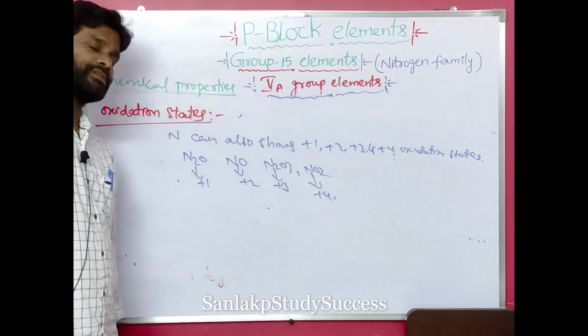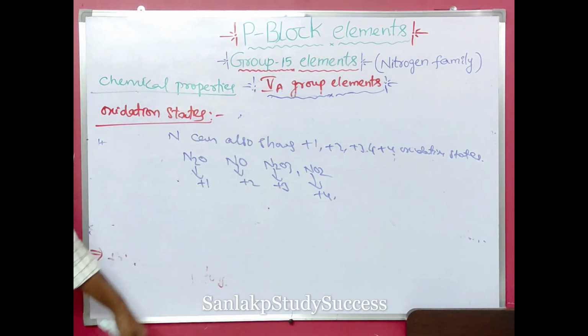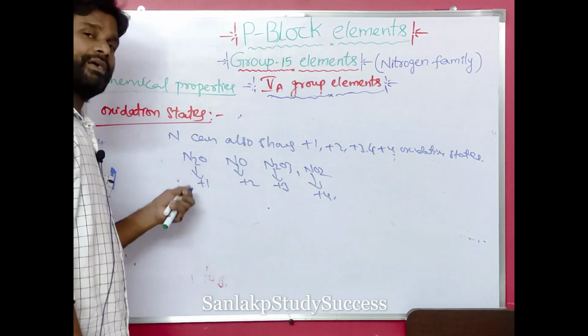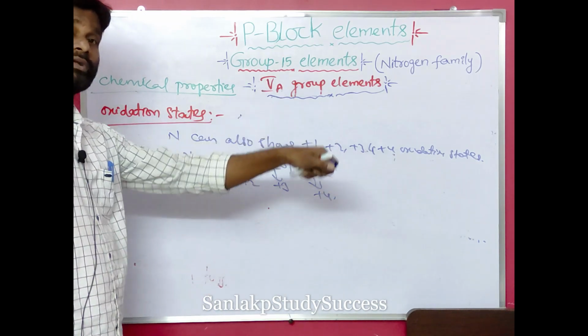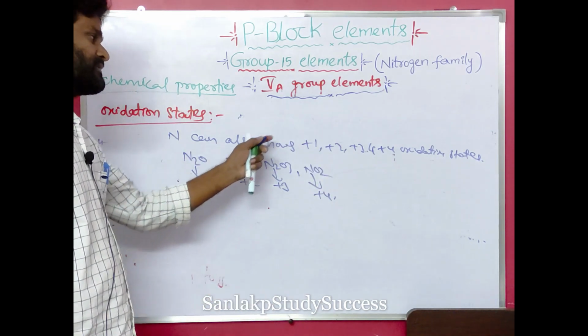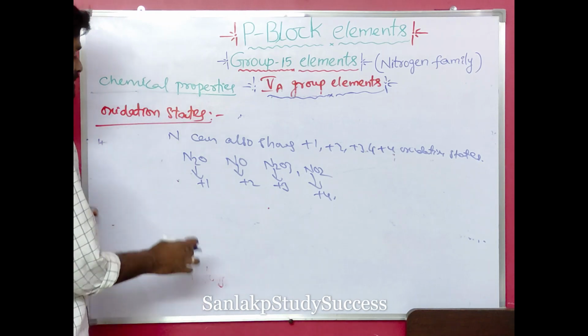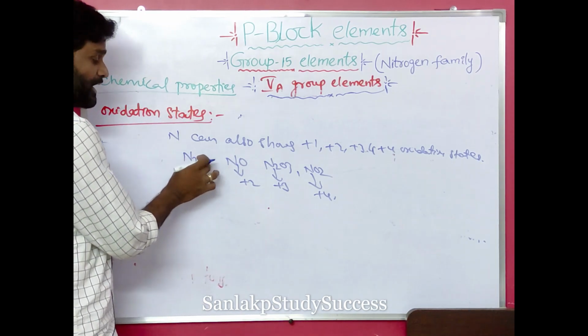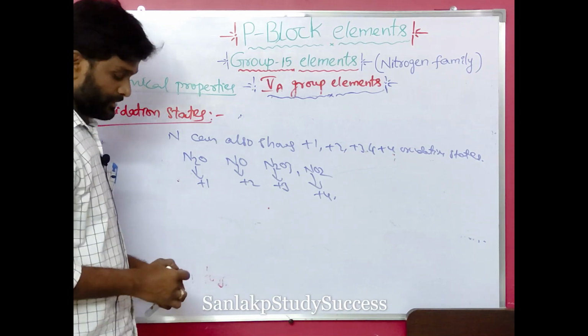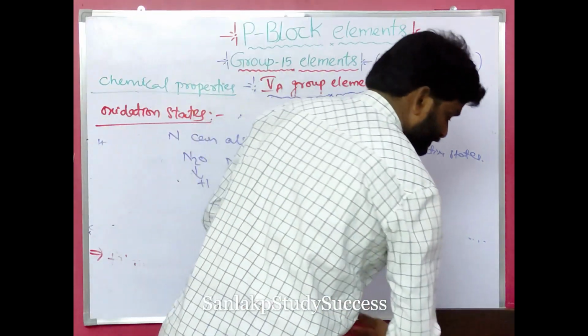Why can nitrogen show abnormal oxidation states? Due to small size and high electronegativity. Nitrogen can combine with a highly electronegative element like oxygen, so it can form these types of oxidation states.